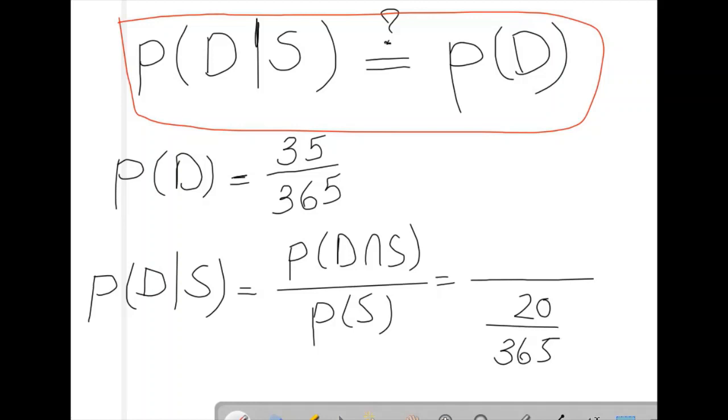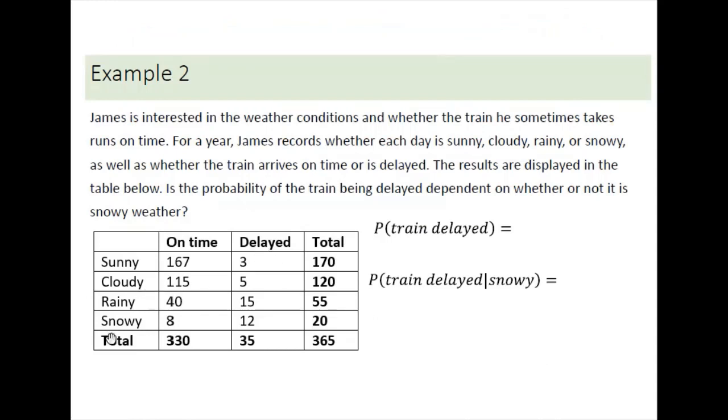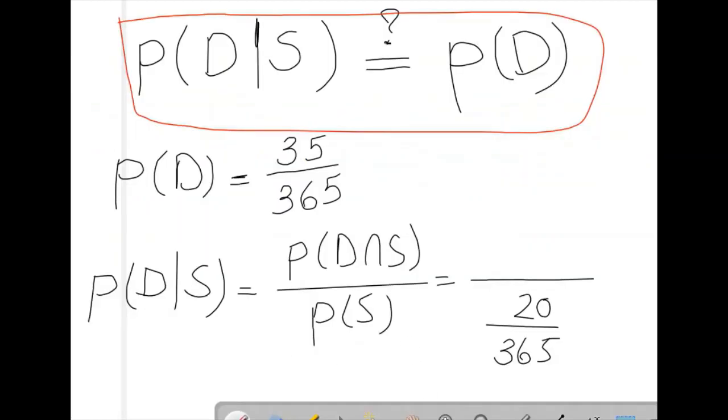And the probability of delay and snow, delay and snow, it's here 12. In 12 days the weather was snowy and the train had delay. So the result is 12 over 20.